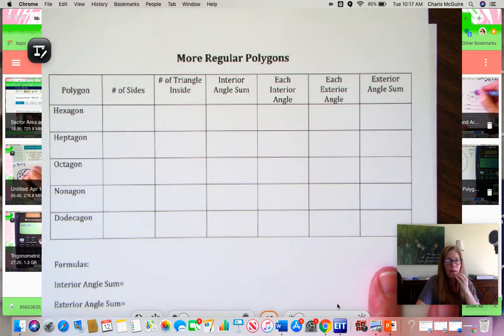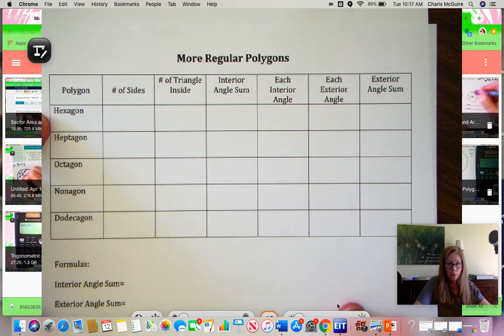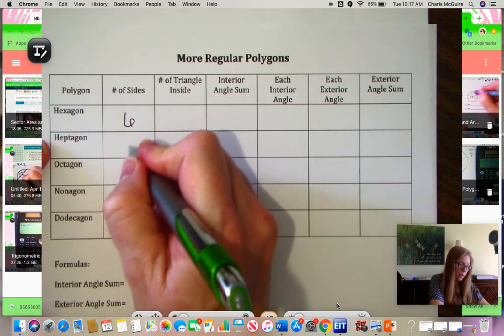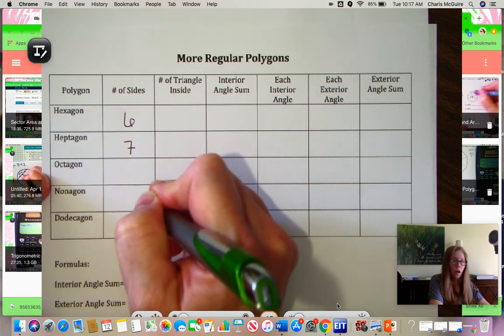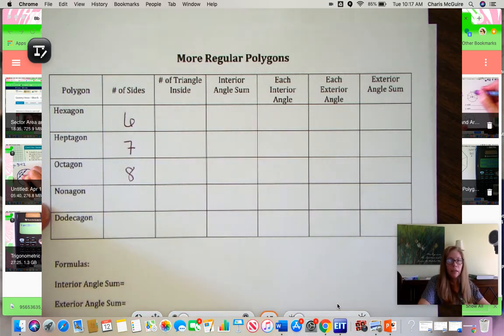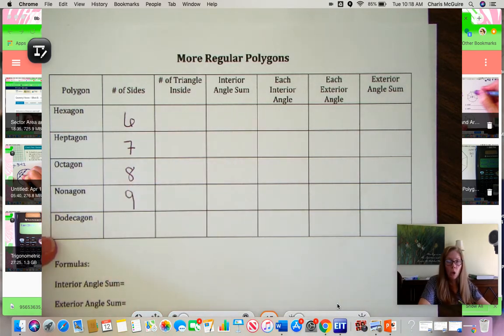But the reason why I have it back here is that if you want to try some of these formulas and work this out, you can. What I really need you to understand are the names of the polygons. So a hexagon has 6 sides, a heptagon, 7 sides, an octagon, that should be super familiar, 8 sides, a nonagon is 9 sides, and this is a dodecagon.